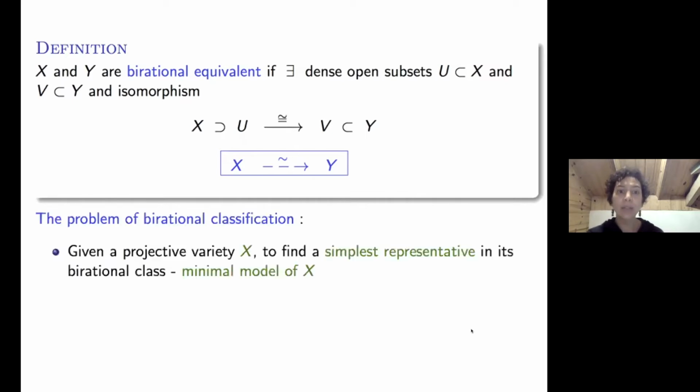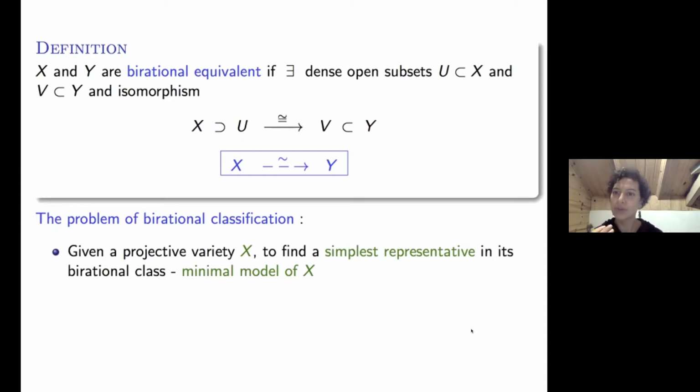Okay, so now the problem of birational classification in algebraic geometry goes as follows. Given a projective variety X, the first task is to find a simplest representative in its birational class. This is what we call in birational geometry the minimal model of X. So for instance, it's very easy to argue that if I have P2 and then I blow up a point, then the blow up is more complicated than the original plane.